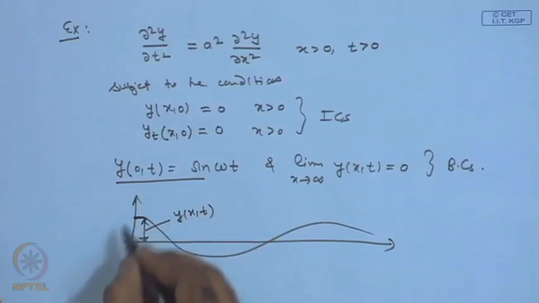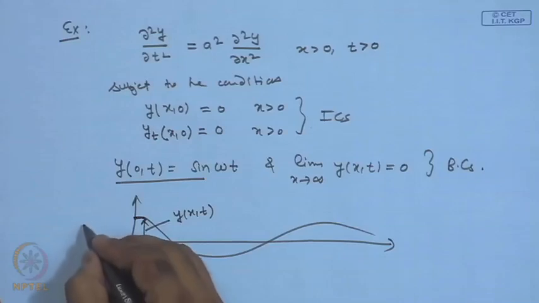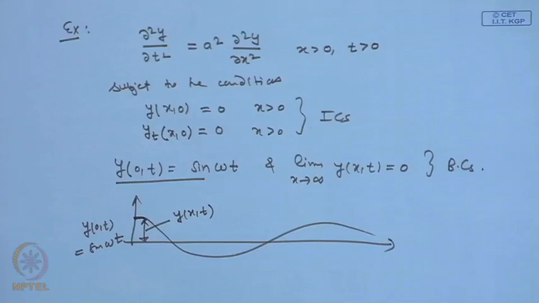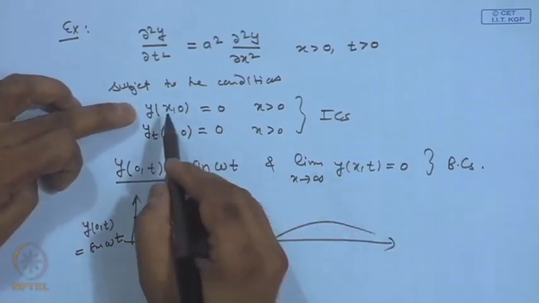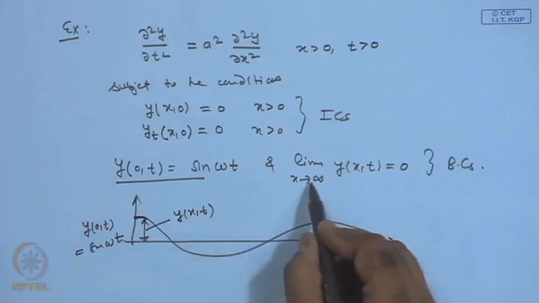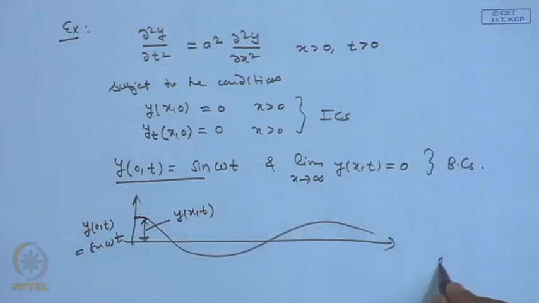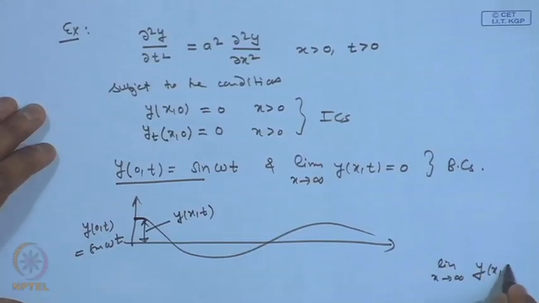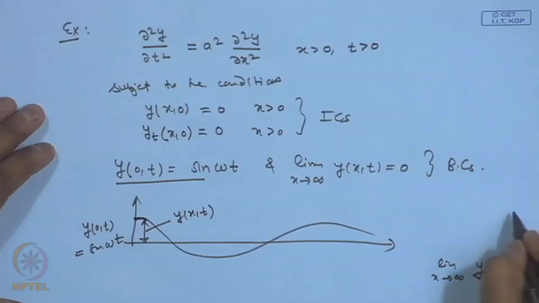So, at this end of the string we are moving with the function y 0 t is equal to sin omega t, and as x approaches infinity, the limit y x t is 0, so this end is fixed.